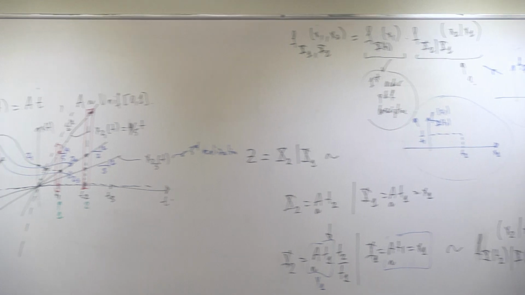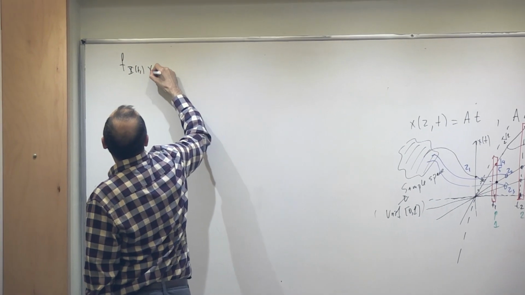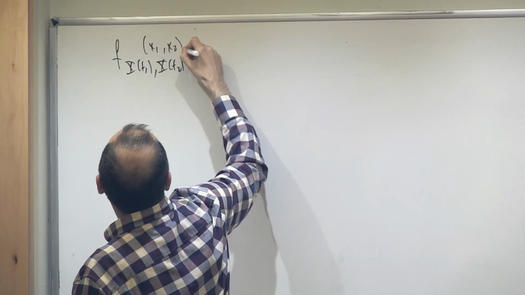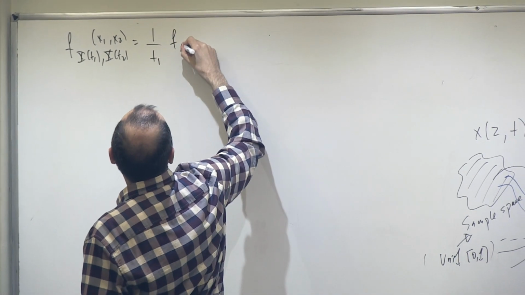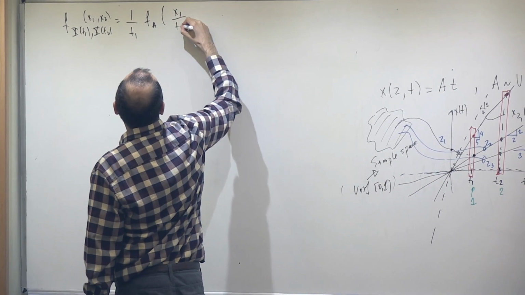So let me write it over here then. x_t1, x_t2, x1, x2. So I have 1 over t1 times f of a. What was this? x1 over t1.